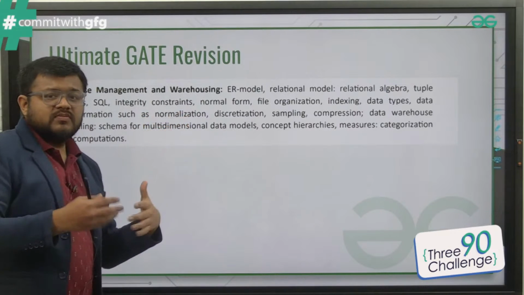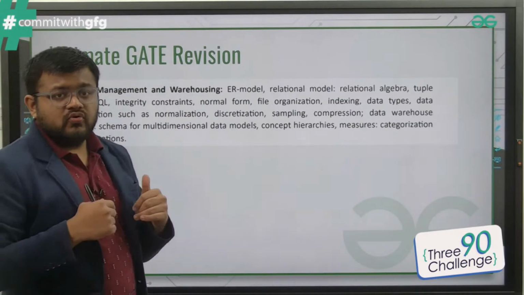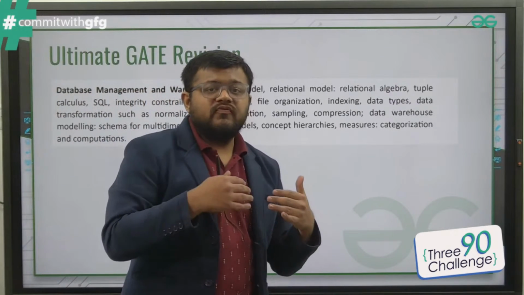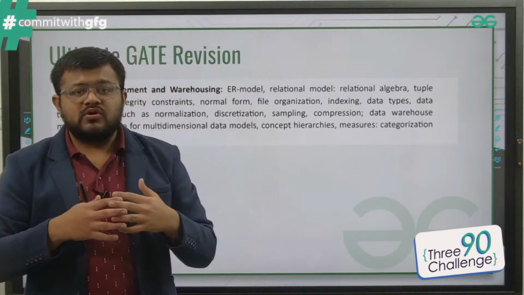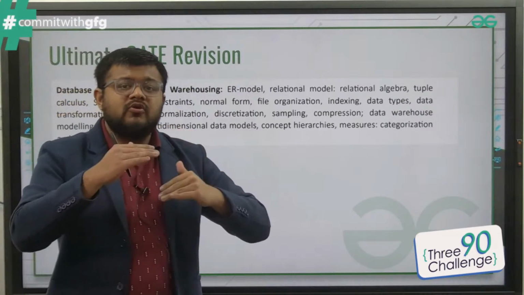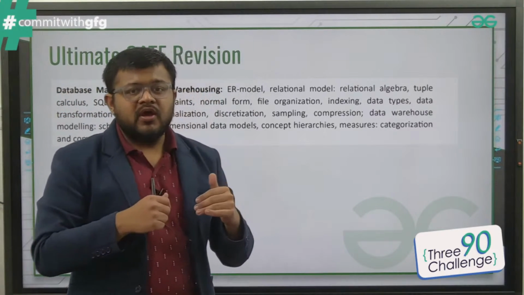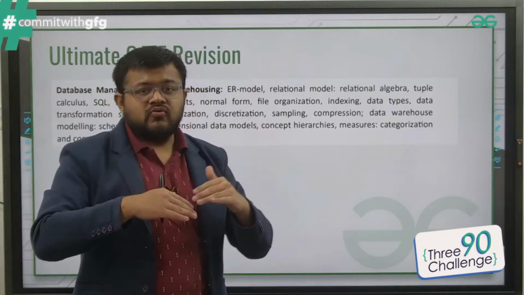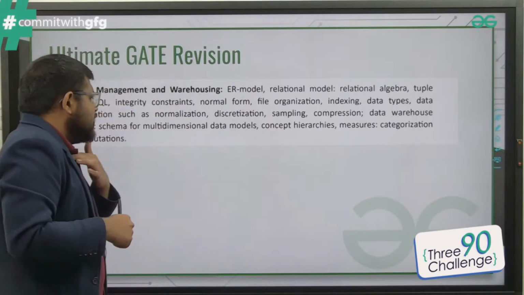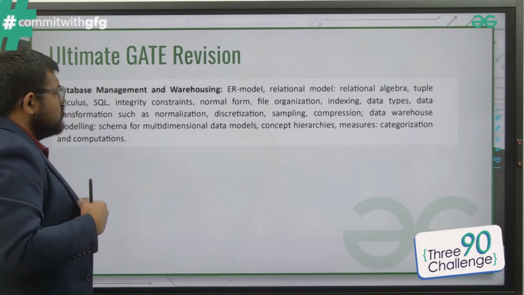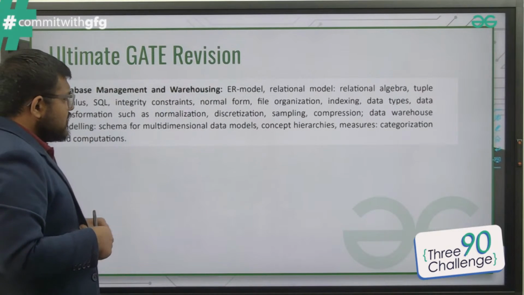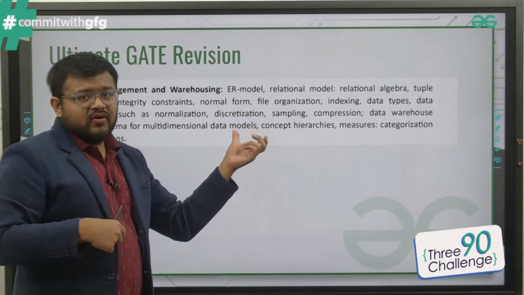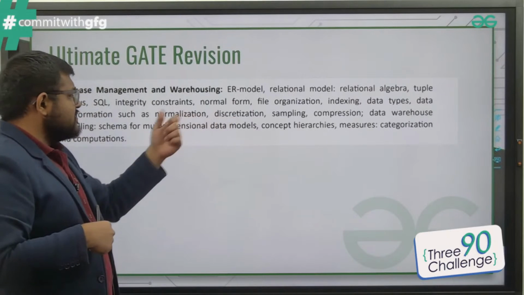Normalization means you try to bring the value of different attributes of data at a particular level or scale. So if one range is 0 to 1 and another is 100 to 200, you try to normalize them. Then discretization is basically you discretize the data so that your analysis is better.